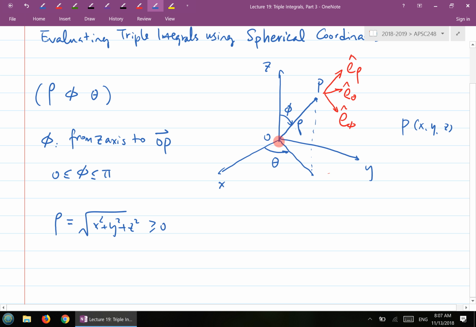And theta, as usual, is the angle starting from the x-axis up to the projected line OP here, the projected vector OP in the xy plane.